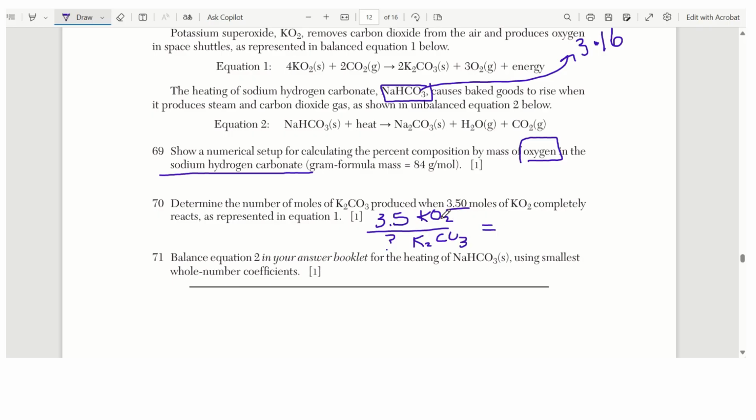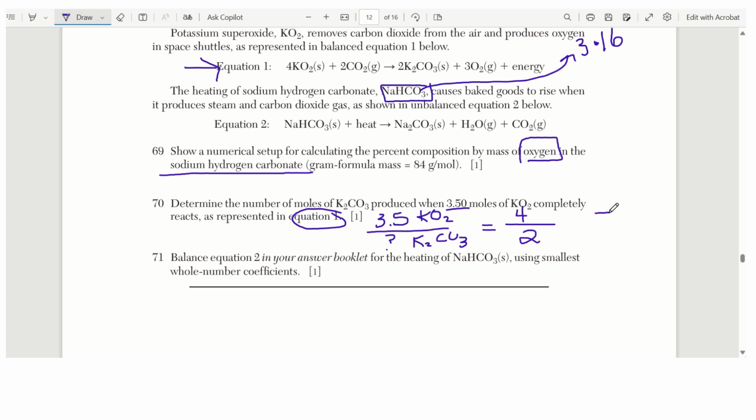So I'm going to find the equation, and it says equation 1, so I have to look here. What is the coefficient in front of KO2? 4. What is the coefficient in front of K2CO3? 2.